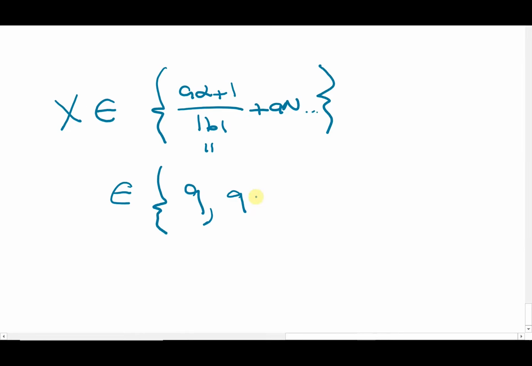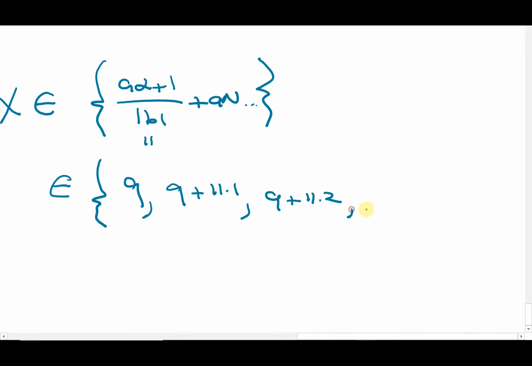We have 9 plus 11 times 1, 9 plus 11 times 2, dot, dot, dot, 9 plus 11n, where n goes to infinity.